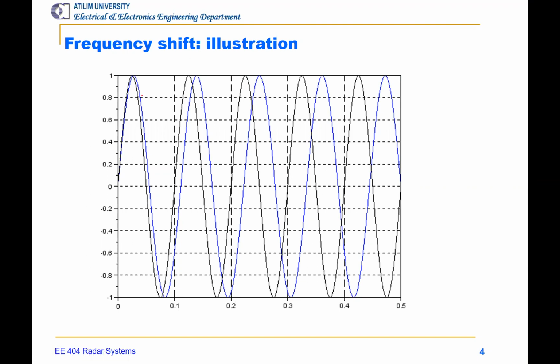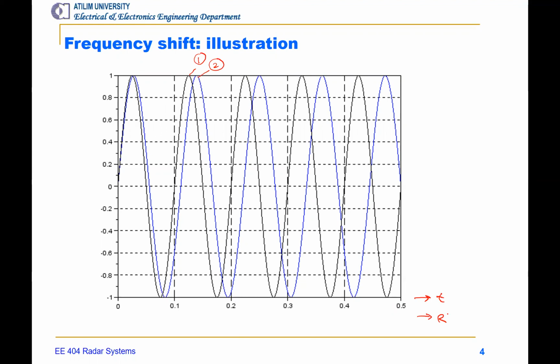Here we have 2 sinusoidal signals, as you can see, the black and blue one, and the phase of the black sinusoid is fixed. It does not vary. As you can see, the frequency of the black one is not changing with time or distance.